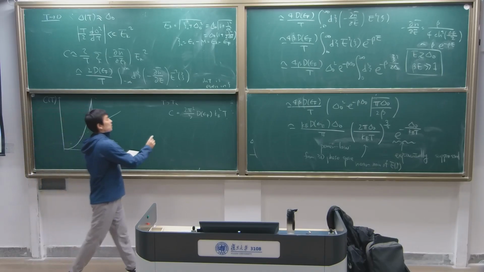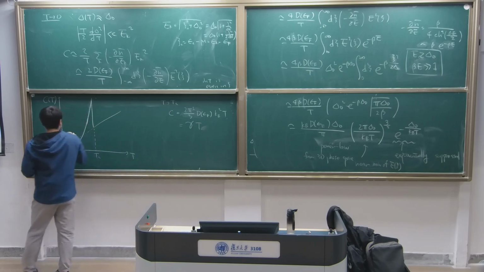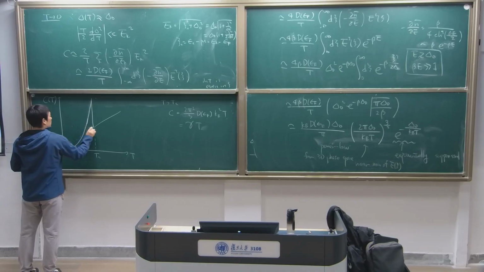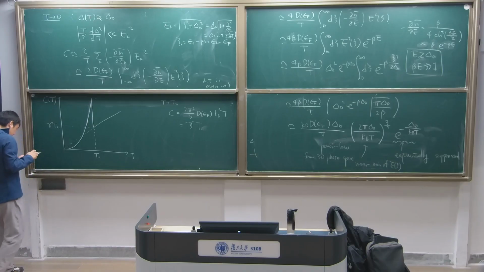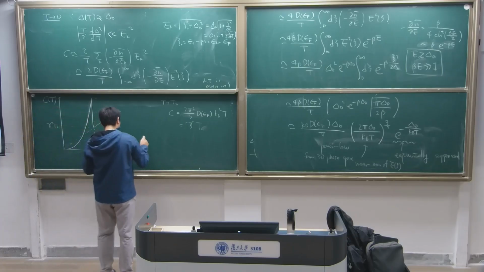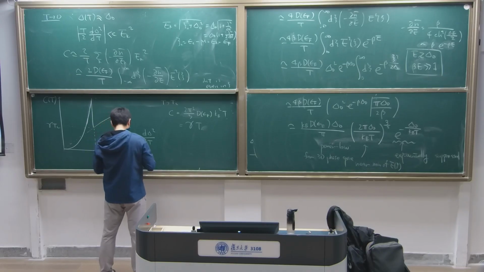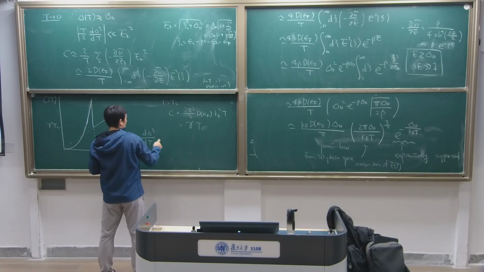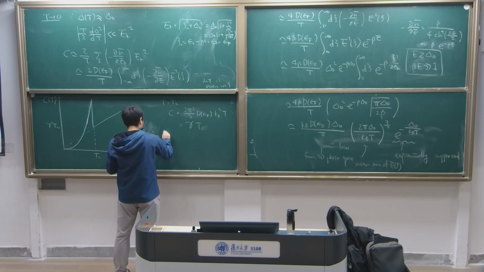So okay, let's call it gamma T, and here we have the gamma T. And you can show that the curve dt is equal to, as I mentioned, it behaves like an exponential.